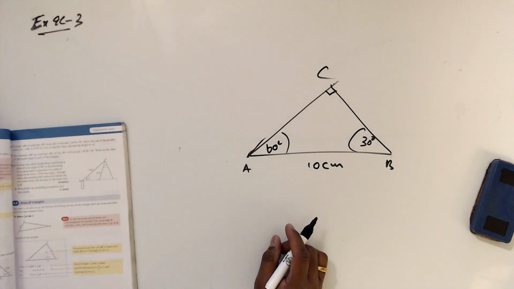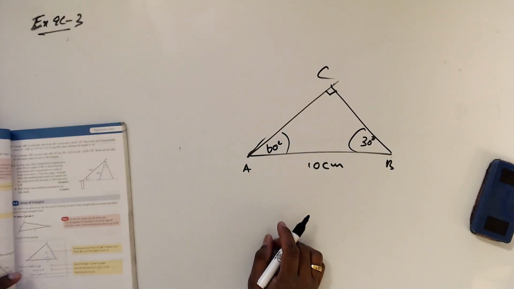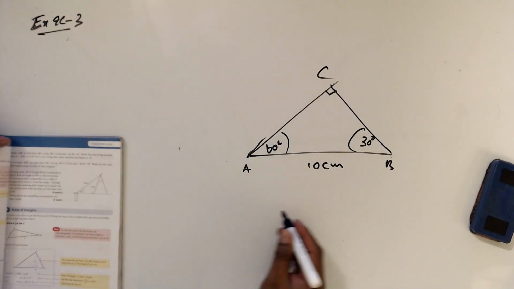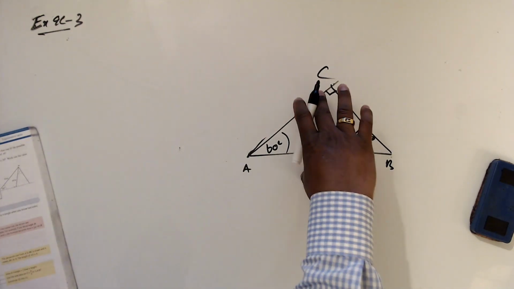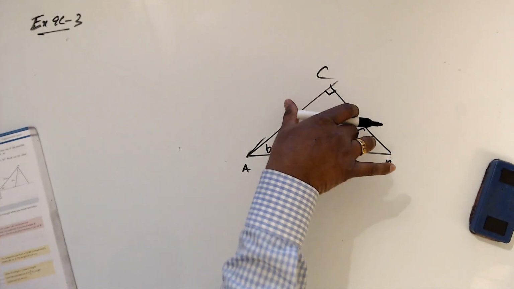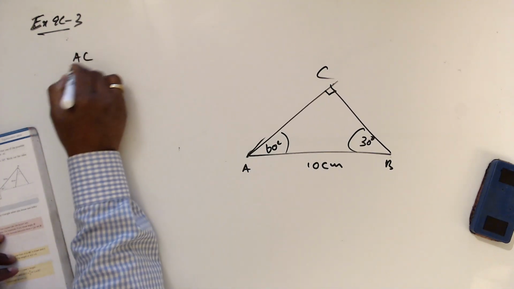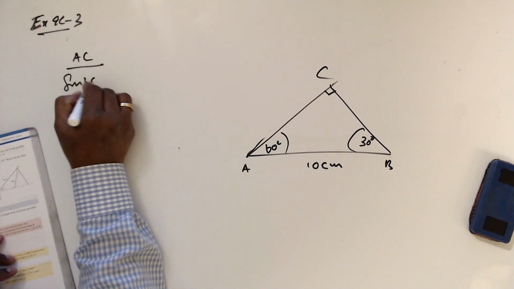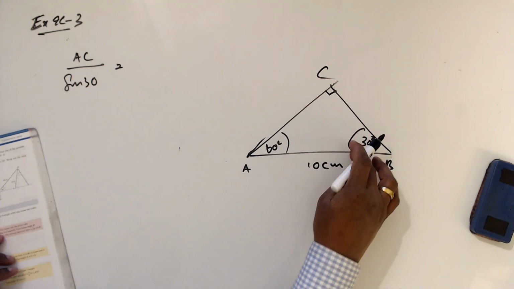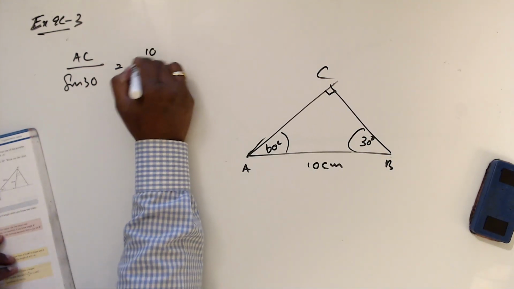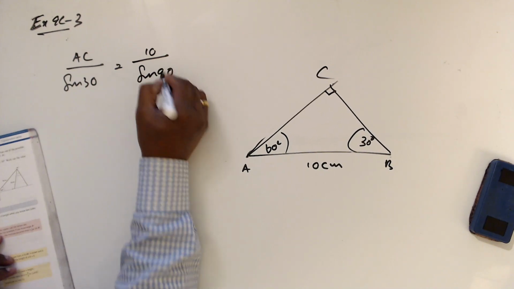And so I need to calculate this AC. So this is one pair, this is another pair. From the sine rule, AC over sine 30 equals 10 over sine 90.